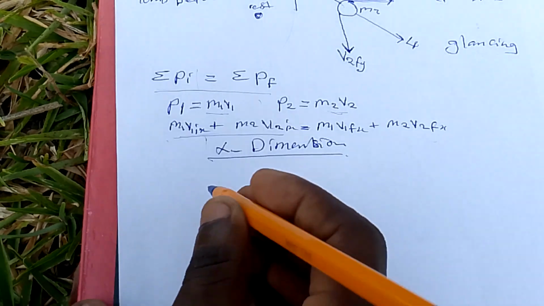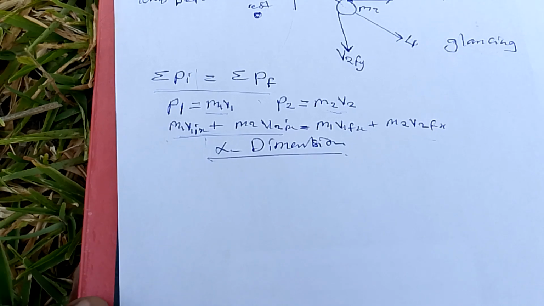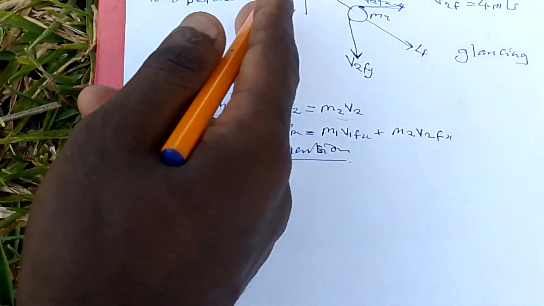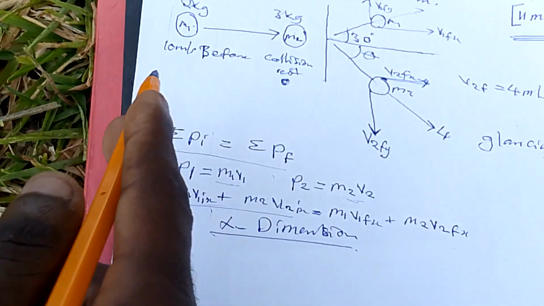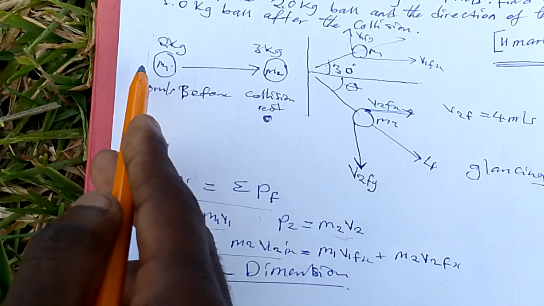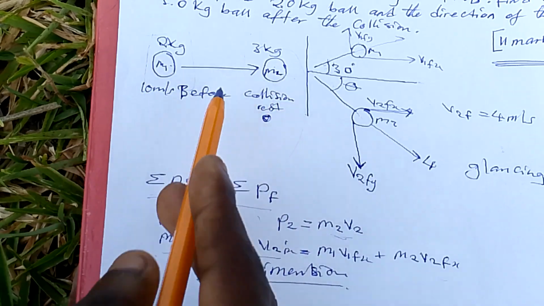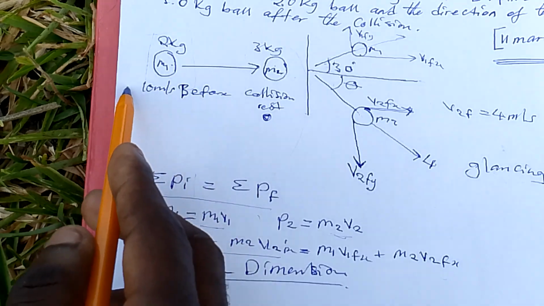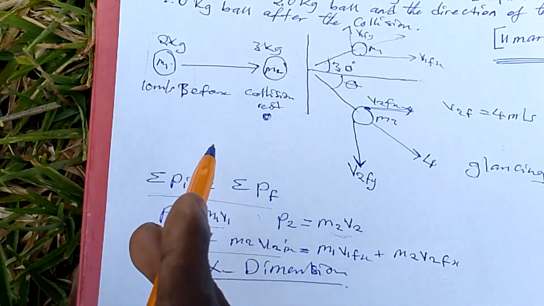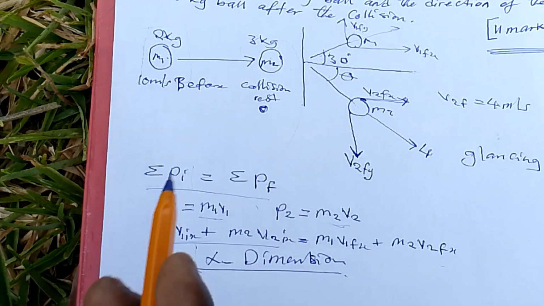Now we have M1. Remember, before they collided, before collision on this side, they were not at any angle. So the same velocity, we are going to put it like this, no resolving, 10 meters per second.